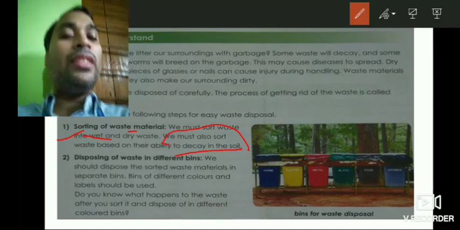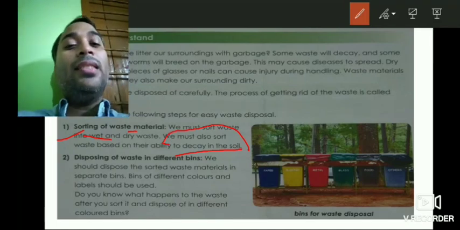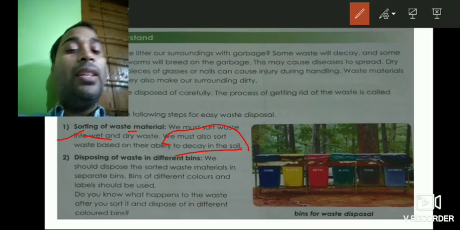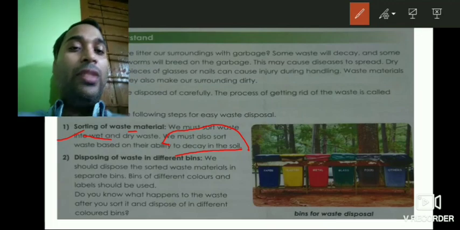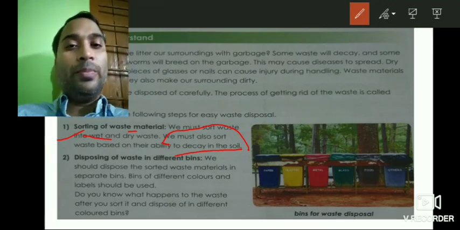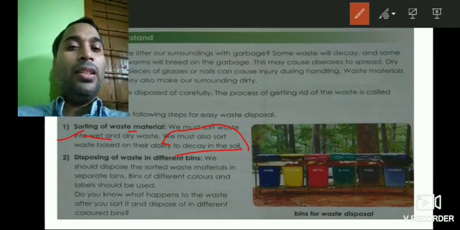So already we have discussed, and now based on these categories, the waste are classified or segregated into four different types, and therefore we need to keep these waste materials in different bins. So for keeping these four different waste, we need four different bins.